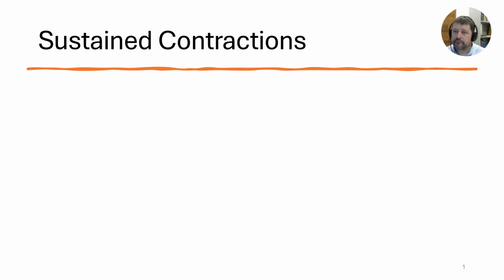Hi all, welcome back. This time out, we're going to talk about how we sustain contractions over a long period of time. Last time we were talking about recruiting motor neurons and motor units and how that works as you increase the number of contractions or increase the activity level, the more motor neurons will be firing.